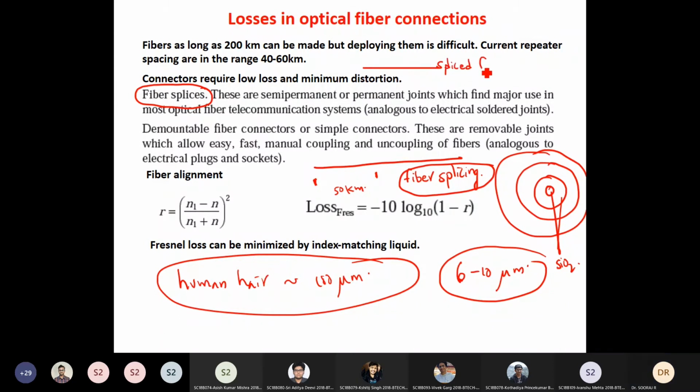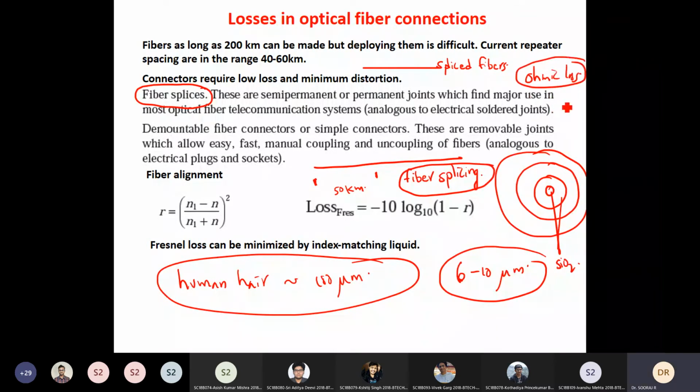Spliced fibers are very similar to electrical joints, the soldered joint. Let's say that you take two wires and you join them, or you solder them. That is one way in which you can connect electrical wires or copper wires. When you join electrical wires by soldering, at that joint there is always going to be a loss, what you call ohmic loss.